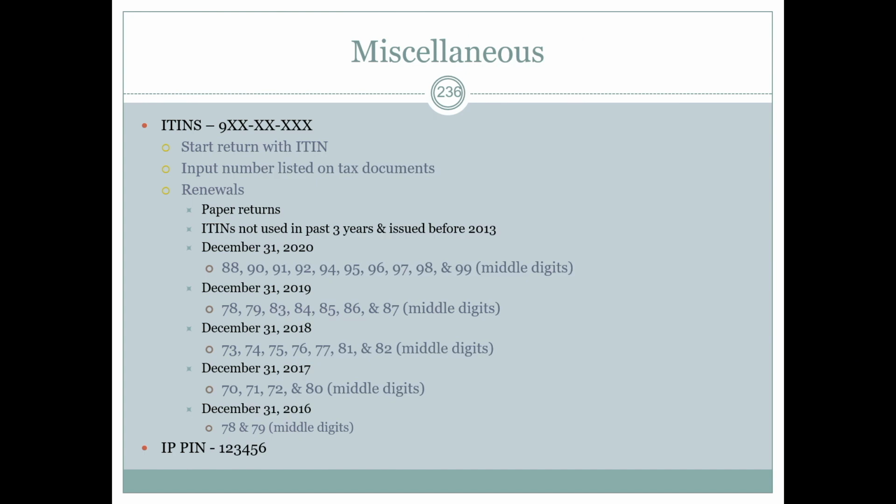And if they already have one, you will see that it starts with the number 9. There are tax returns that we are able to prepare to give an individual an ITIN. It is a component within TaxSlayer. But an ITIN starts with the number 9.